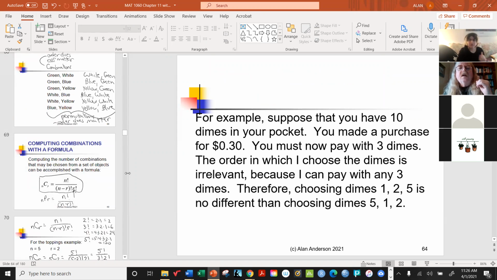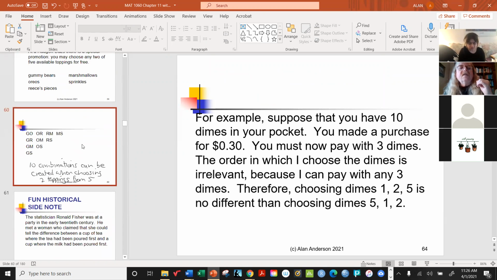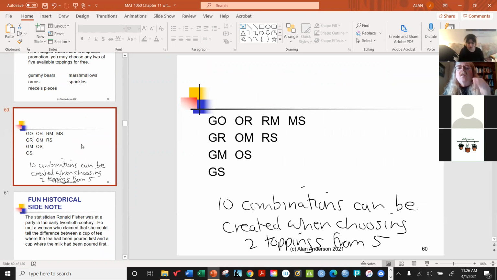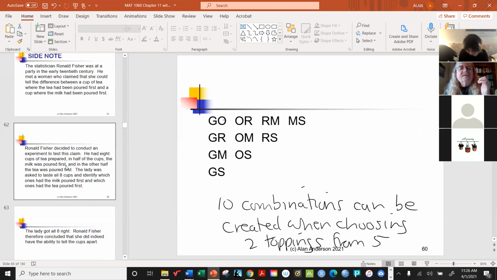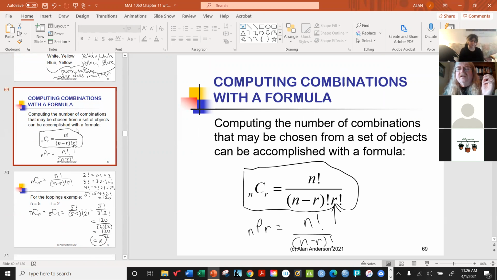Anyway, in the case of the Haagen-Dazs, we noted that there were 10 combinations. So hopefully there's a formula we can use to come up with this number rather than counting them all ourselves. And in fact, there is. Let me show it to you. It's a little messier than what we've been dealing with.